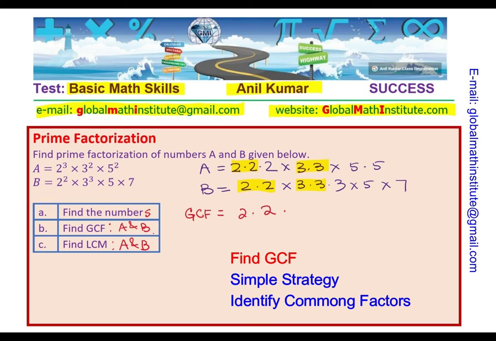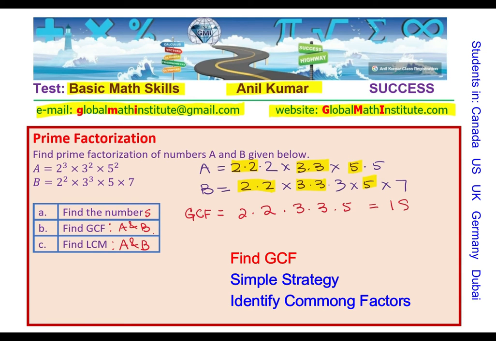So we can also take 3 times 3. Then we have a 5 common, and therefore we can take 5 also as a common factor. Multiplying them will give us the greatest common factor. So 2 times 2 is 4, 4 times 5 is 20, and 9 times 20 is 180. So we get the greatest common factor.